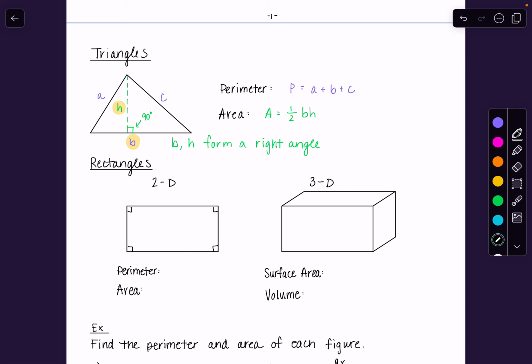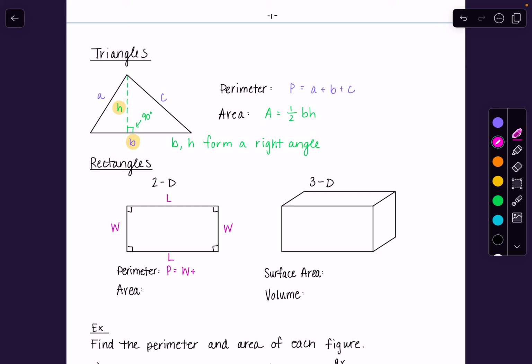Okay. Again, it doesn't matter really what you label these. Let's say this is the length, and then these two sides across from each other are the width. When I go to find the perimeter, all I'm going to do is add up all of these side lengths together. So I really don't want you to put any thought into a formula or memorization for the perimeter, because we just add it all together.